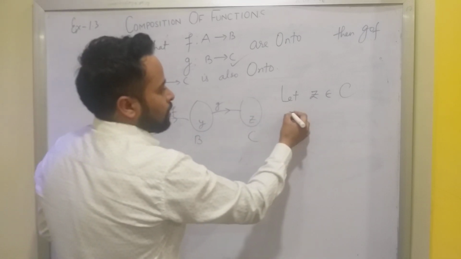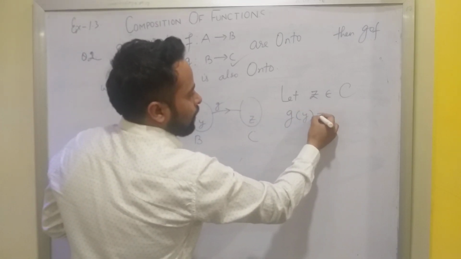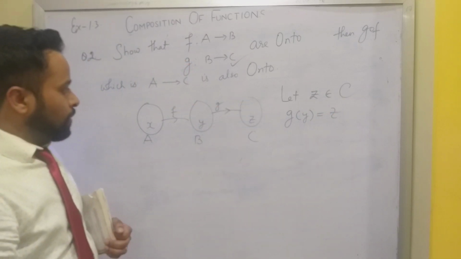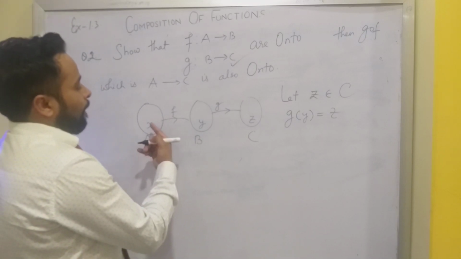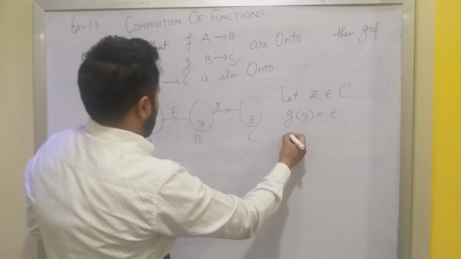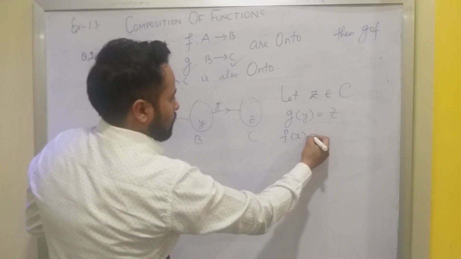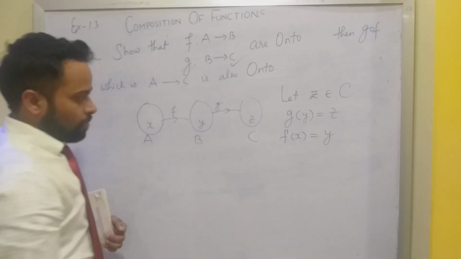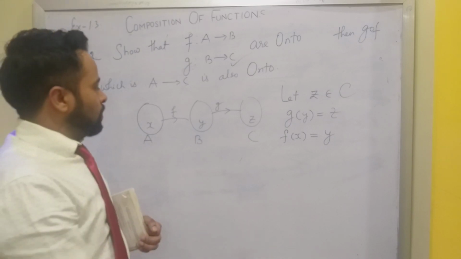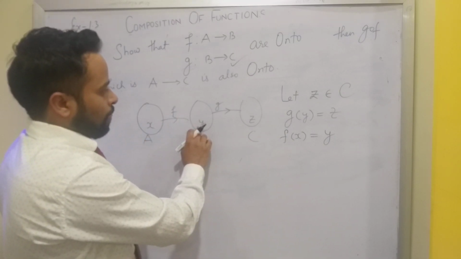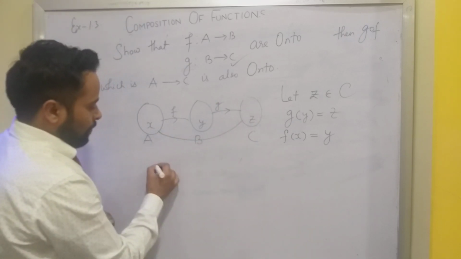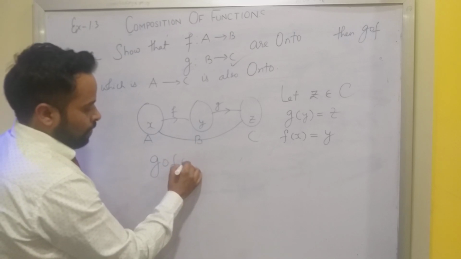so we can write G of Y equals to Z. G of Y will give me Z, and at the same time F is also onto, so F of X is equal to Y. F of X equals to Y. Now you can understand, if I put f of x, I get y, and if I put g of y, I get z. Then I can check GOF of x.